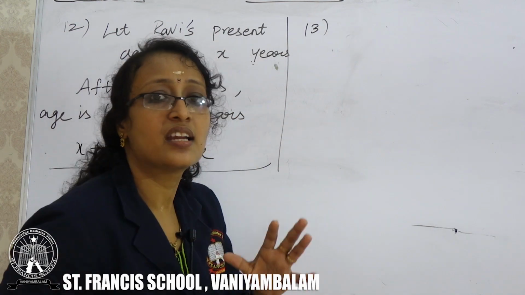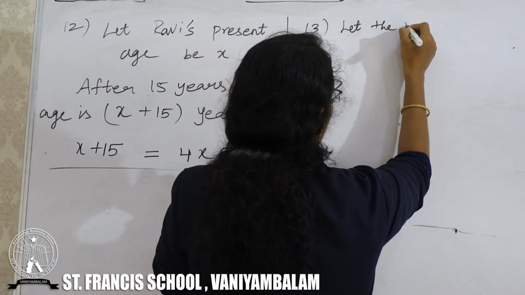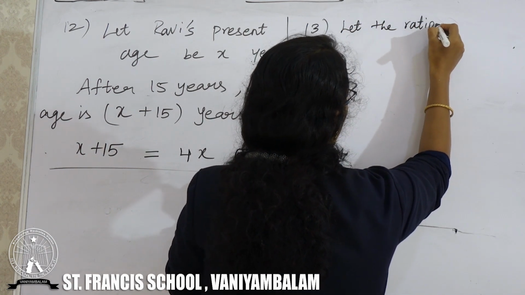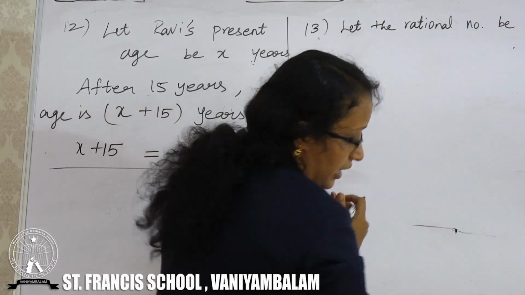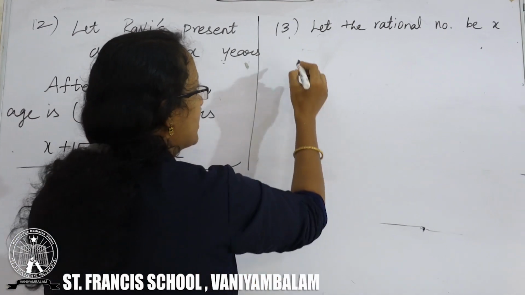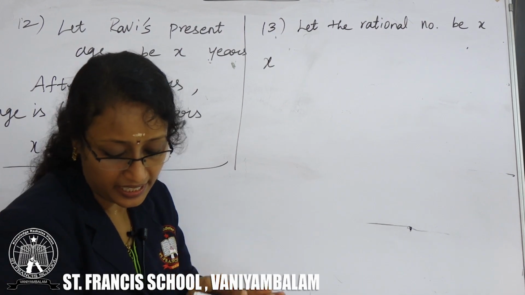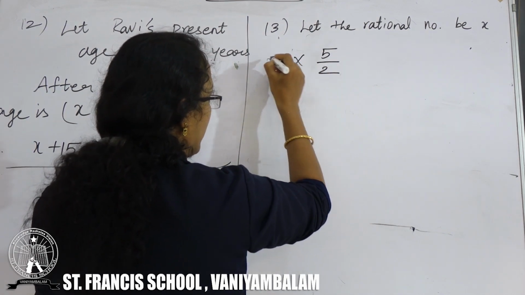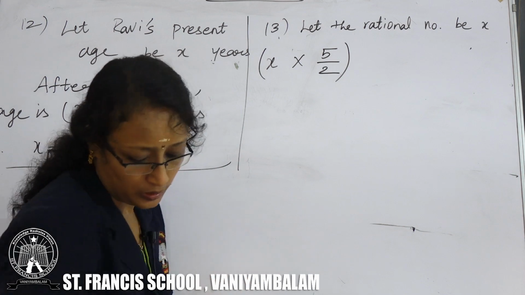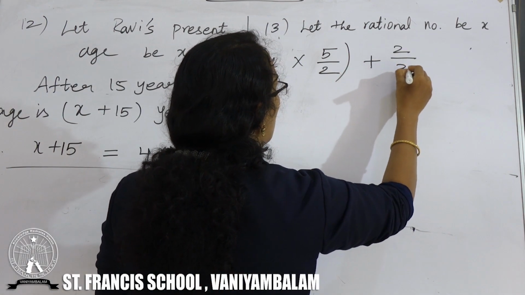So let the rational number be x. It is given that when you multiply the rational number with 5 by 2 and add 2 by 3 to the product.